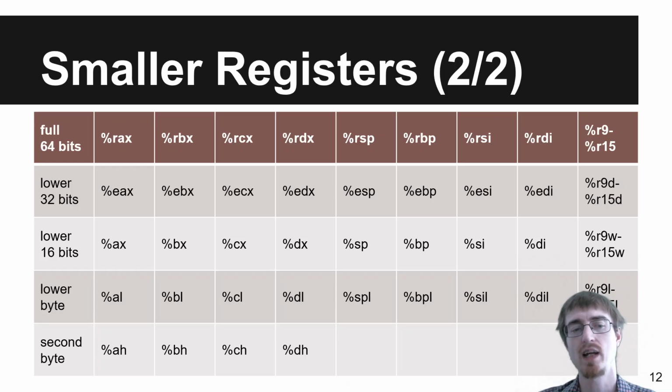And then we have the bytes. So only the old registers, the RAX, RBX, RCX, and RDX have the second byte, again for legacy, but all of them have the lowest order byte. This is indicated by the L. Okay, well, these are all the registers. Not all of them are necessarily useful.